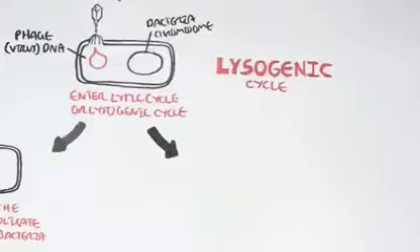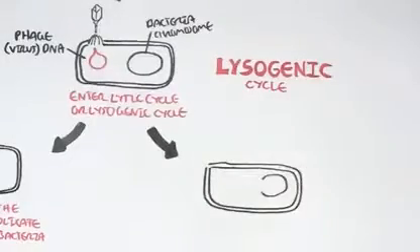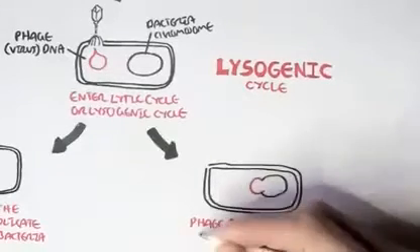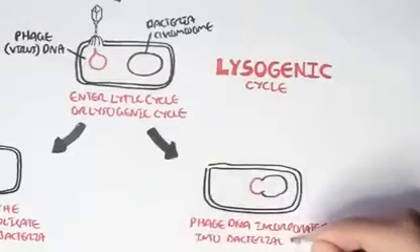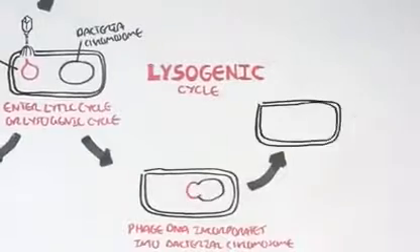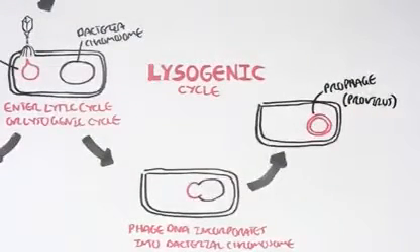Let's have a look. Following the insertion of the phage DNA inside the bacteria, the phage DNA can actually incorporate itself into the bacterial DNA, the bacterial chromosome, creating what's called a prophage or provirus. Now, what would this mean?